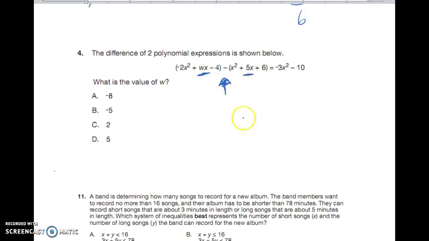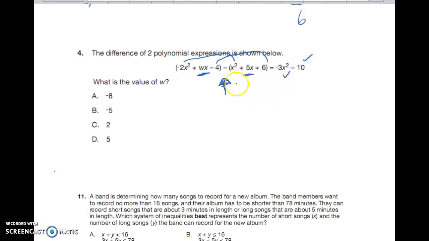To subtract is kind of like combining like terms with the opposite. So if I combine my x squared terms, because they're the same, we get negative 2x squared minus x squared, which gives us 3x squared, which is great. And then I look at my constant terms, negative 4 minus 6, which gives us negative 10, which is perfect.